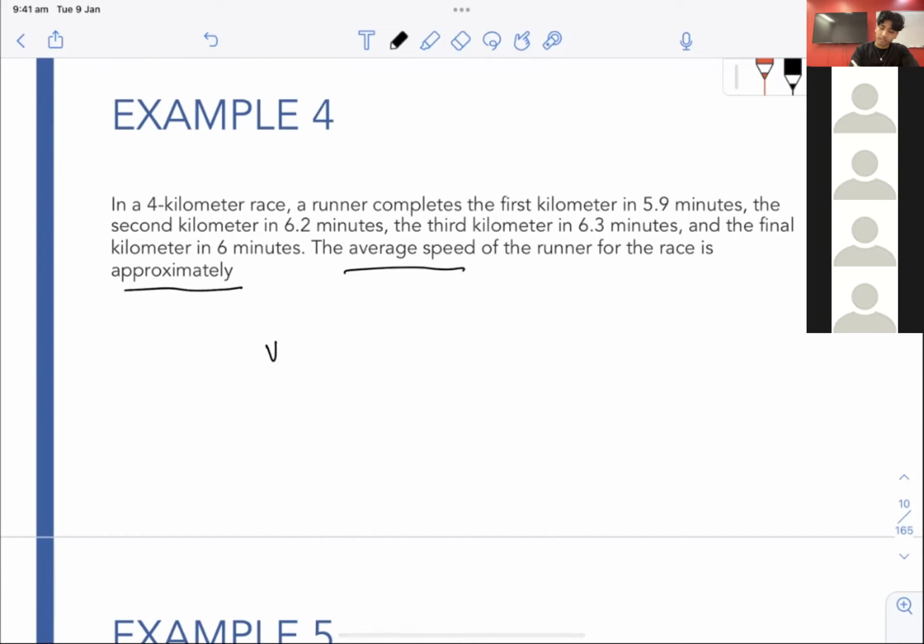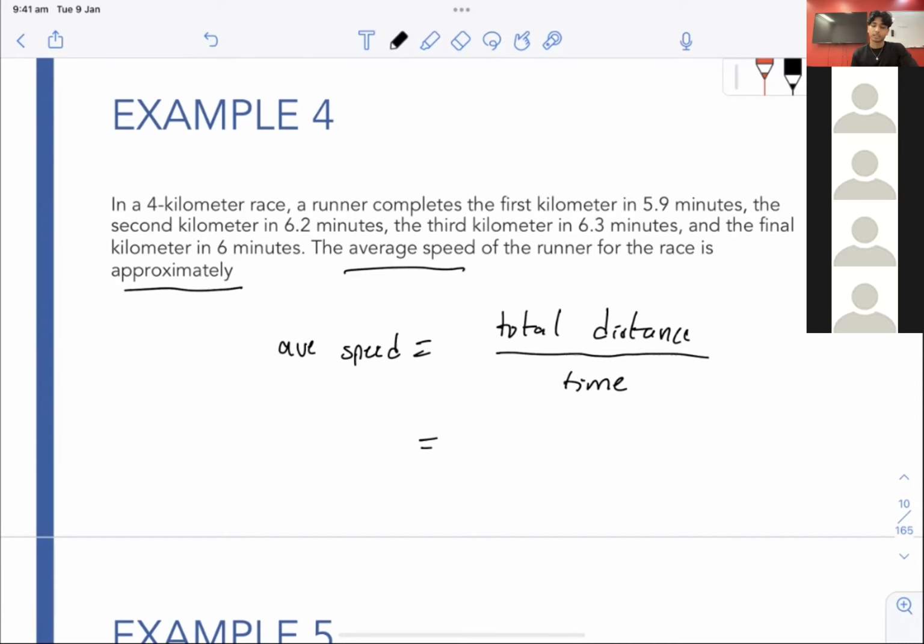So average speed is going to be total distance covered over the time. Pretty simple. We're adding up these little segments of motion.